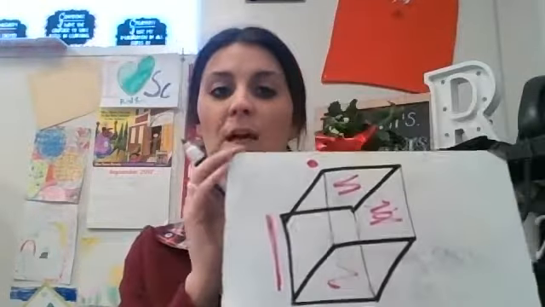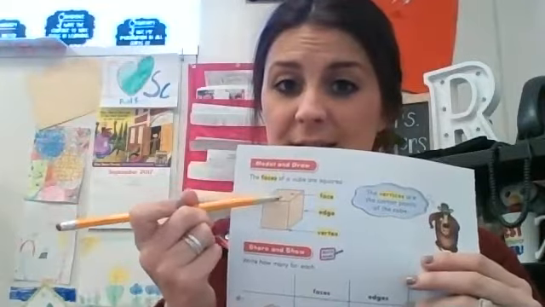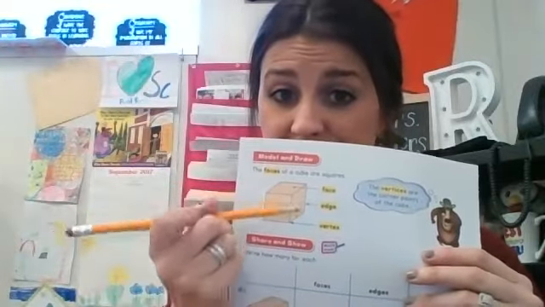We're going to focus on that when we are focusing on our 15.2. Okay, so now we've talked about the faces, the edges, and the vertexes. Now we're going to focus on actually finding the faces, the edges, and the vertexes of each shape.